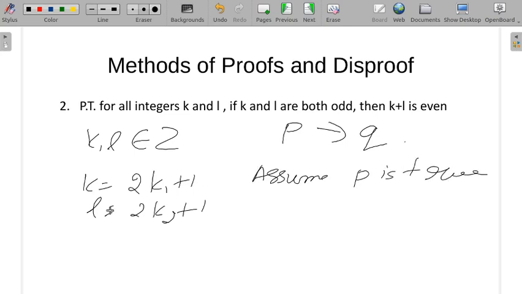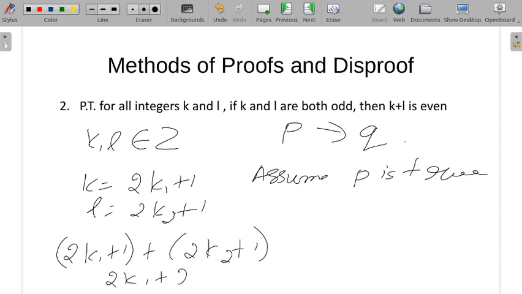Okay, so next let's continue the calculation. 2k1 plus 1 plus 2k2 plus 1. So what do we get here now? 2k1 plus 2k2 plus 2. So let's take 2 common: 2 times k1 plus k2 plus 1. So we are getting a multiple of 2.